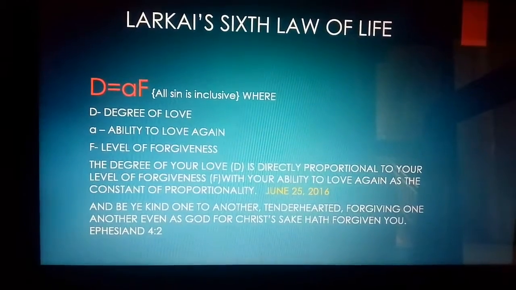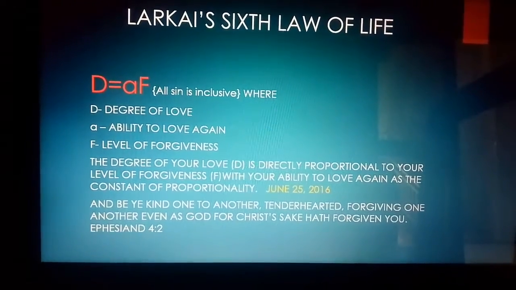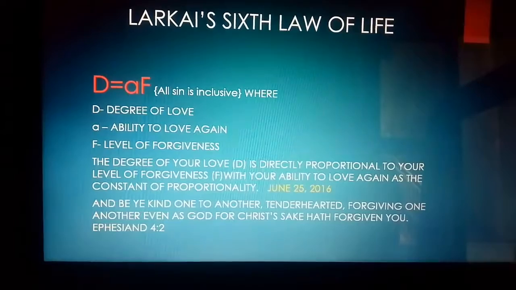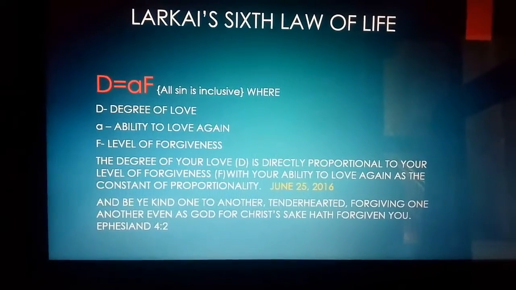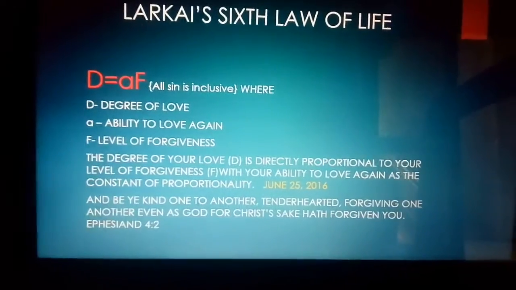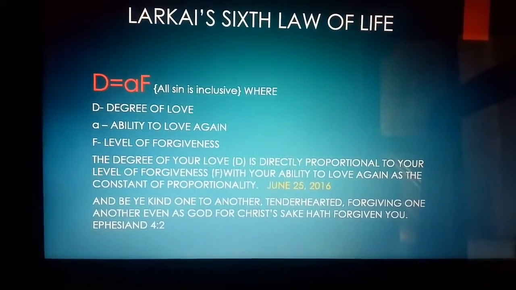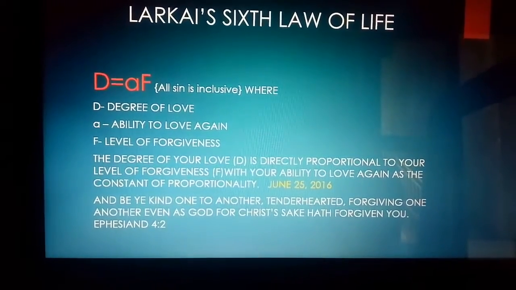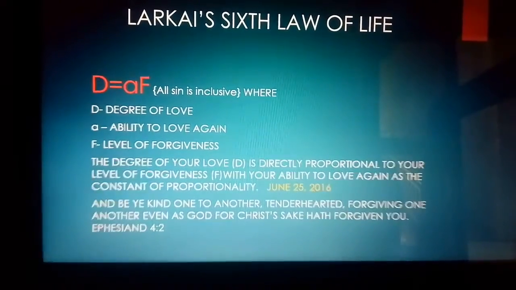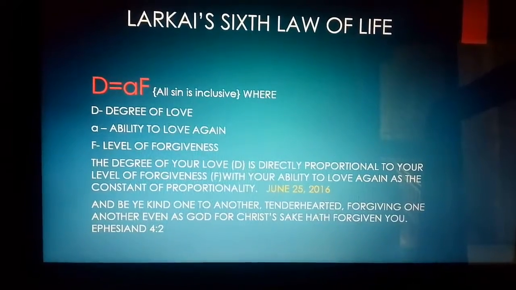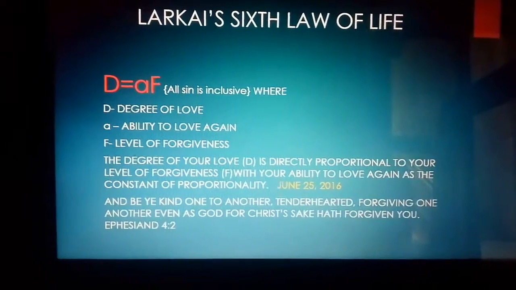So, in other words, we can only know you can love if you are able to forgive and love again. And don't ask me how many times you are supposed to forgive. You forgive until there's no more sin. We keep forgiving. So this, the sixth law, D equals A times F.